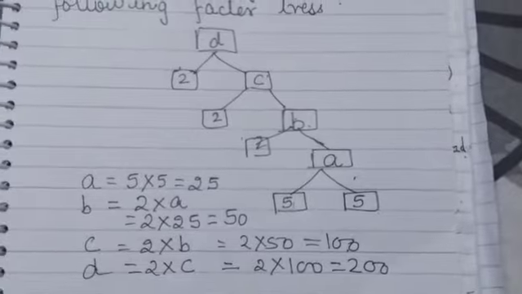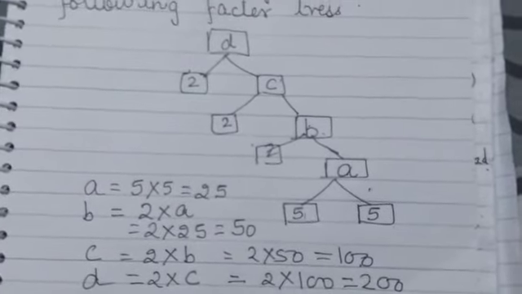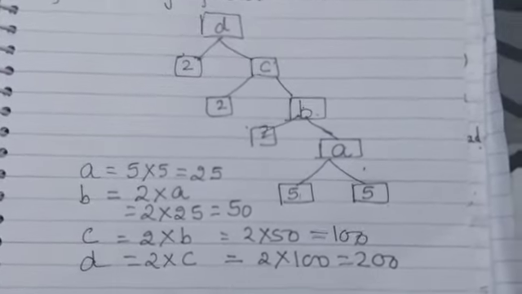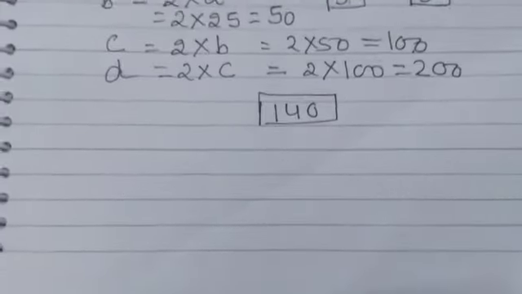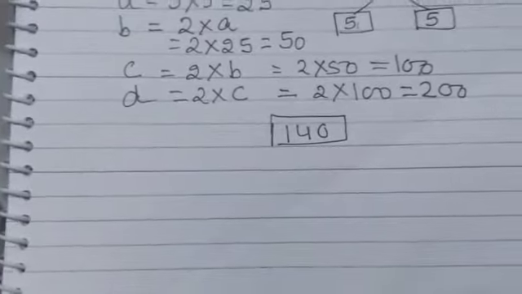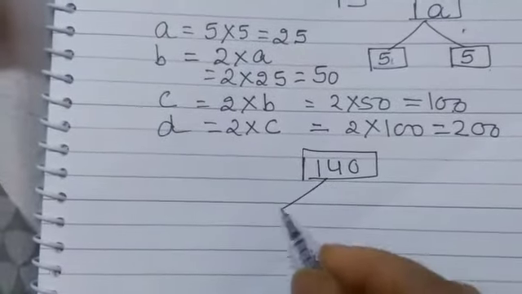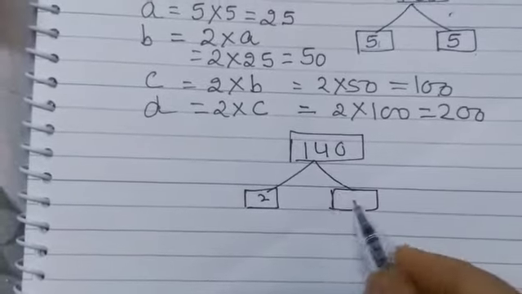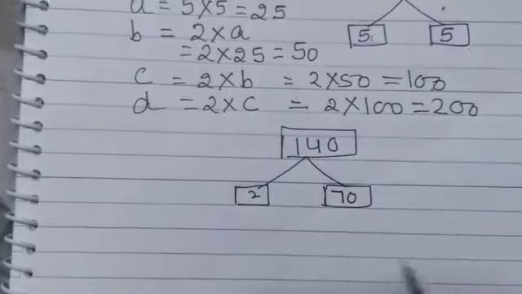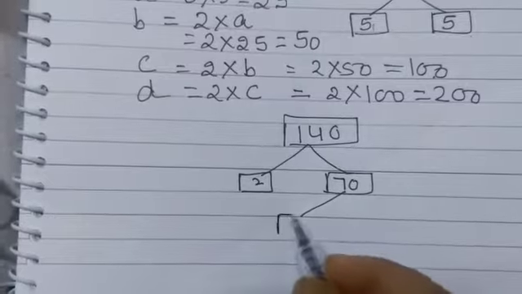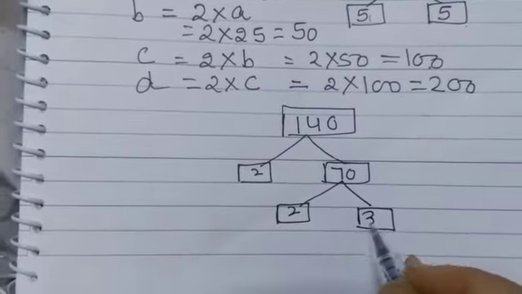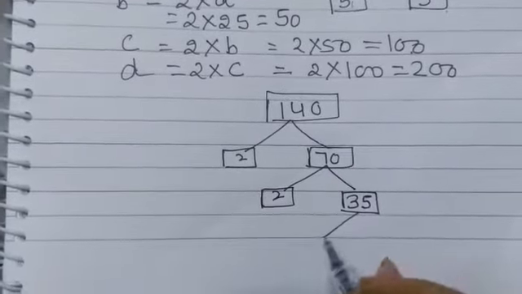Okay. Now I'll tell you what a factor tree is. See, 140 goes with the table of 2. But how many times? 70 times. Now 70 goes again with 2. How many times? 35 times. Then 35 goes with 5.